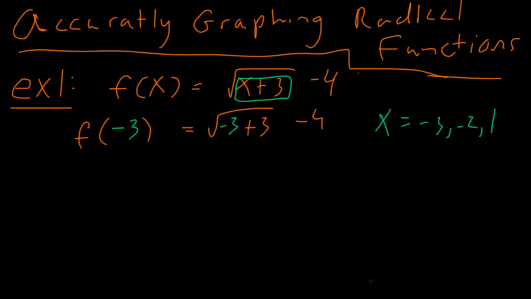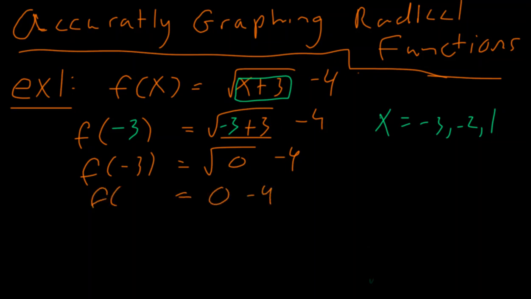So f of negative 3 is equal to the square root of negative 3 plus 3, which is 0, minus 4. I know the square root of 0 is 0, minus 4. And this gives me the final answer: 0 minus 4 is negative 4. So my y value is negative 4.